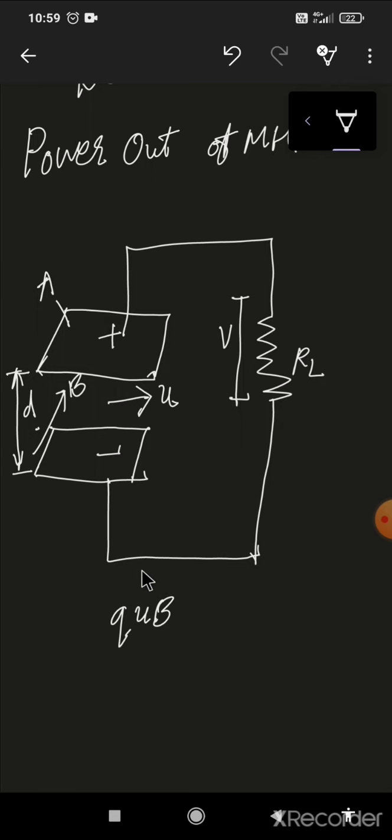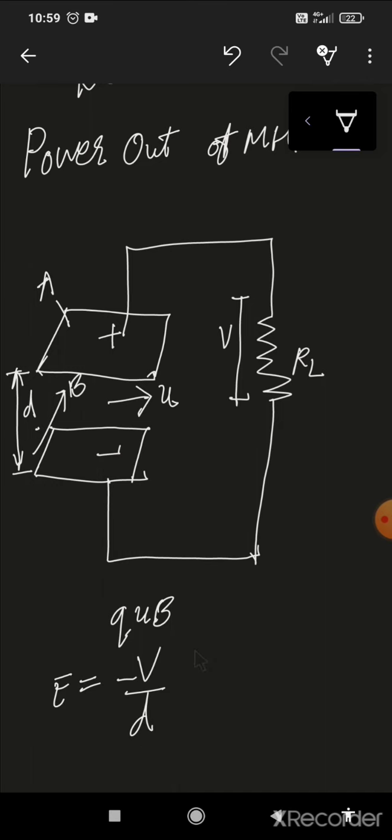The positively charged particles will be collected by the upper electrode, and negatively charged particles by the lower electrode, causing a potential difference across them. The resulting electrical field between the plates is given by E equal to minus V by D.